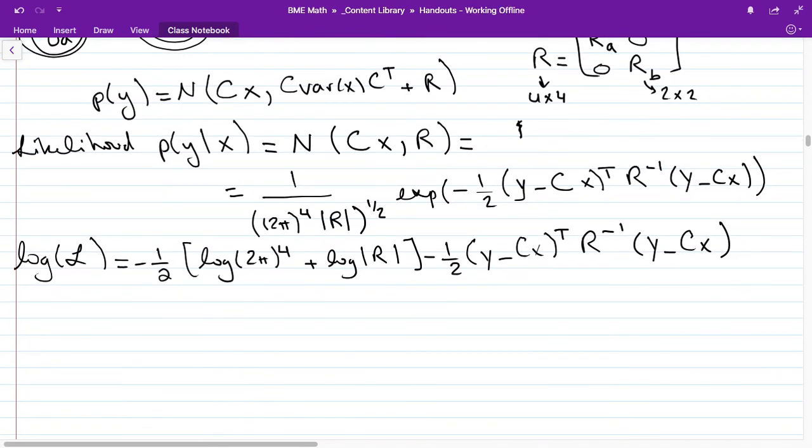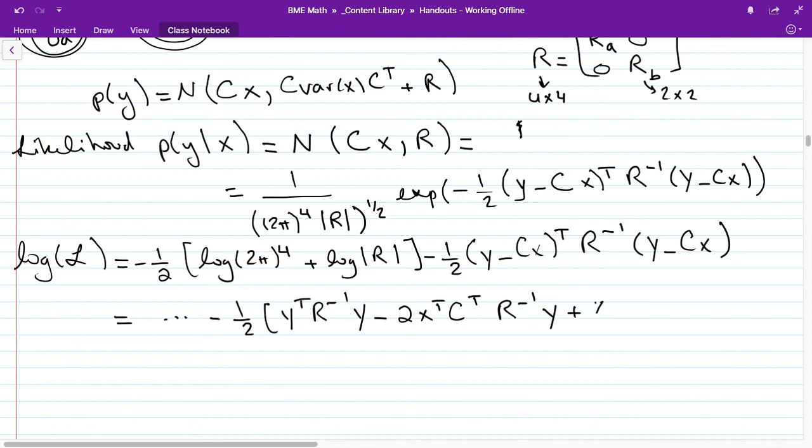Okay, so that's equal to this first term minus 1/2, and I'm going to multiply out the second term: y transpose R inverse y minus 2 times x transpose C transpose R inverse y plus x transpose C transpose R inverse Cx.